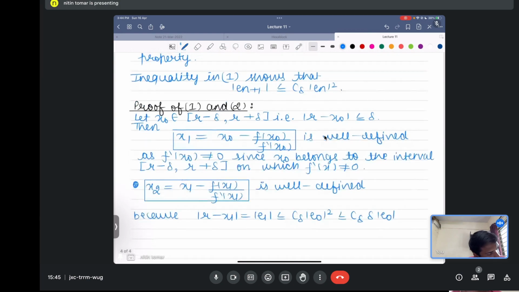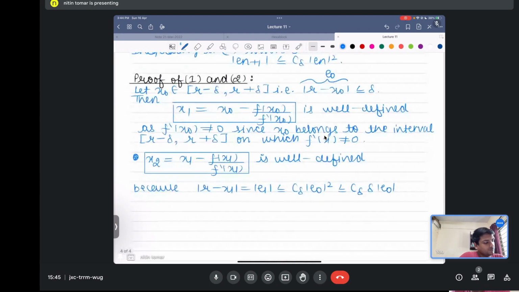Why? Because see, this particular thing was e naught, right? So e naught is less than or equal to delta, and this is less than or equal to e naught, correct? Because delta times c delta is less than or equal to 1, the way we have chosen, and this is precisely, again I am writing r minus x naught, and this is less than delta.